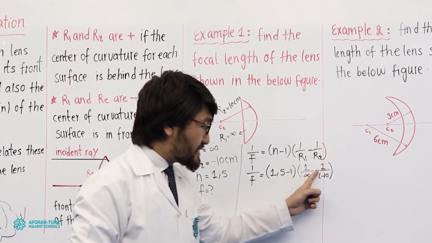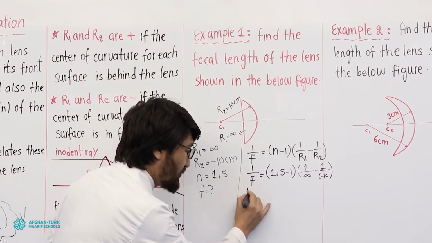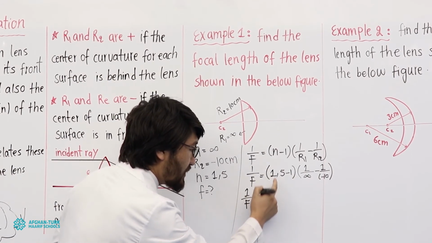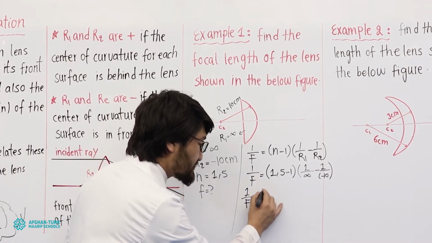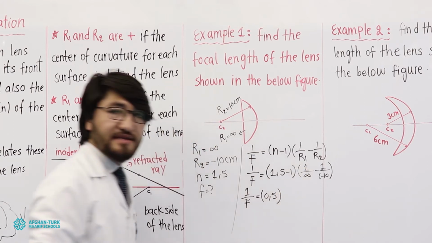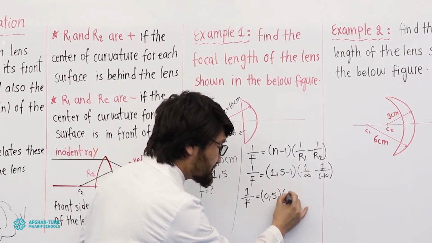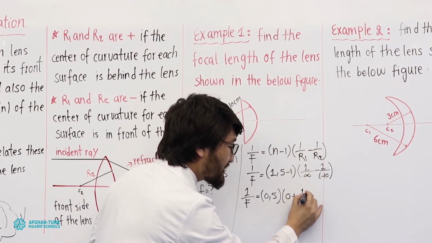You know that minus divided by minus becomes positive. So 1.5 minus 1 is 0.5. 1 over infinity is 0. Minus divided by minus becomes positive, 1 over 10.